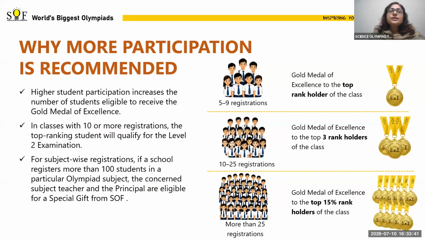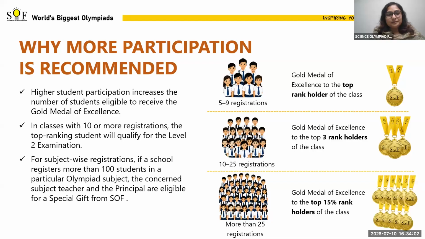And more participation doesn't mean more students just taking an examination. It means early exposure to the competitive world, greater self-confidence, skill enhancement, and well-deserved recognition. The more students participate, the greater the number of gold medal of excellence winners from your school.